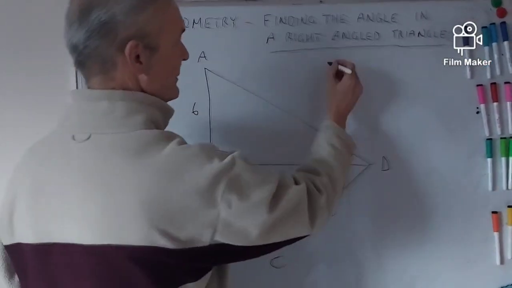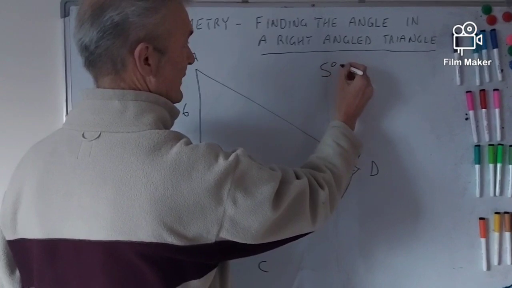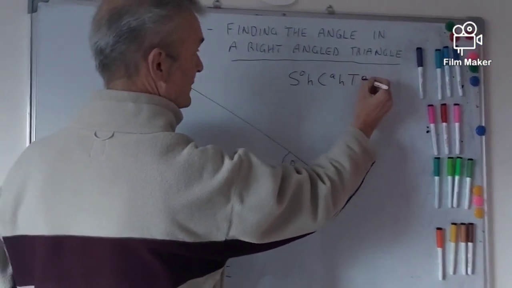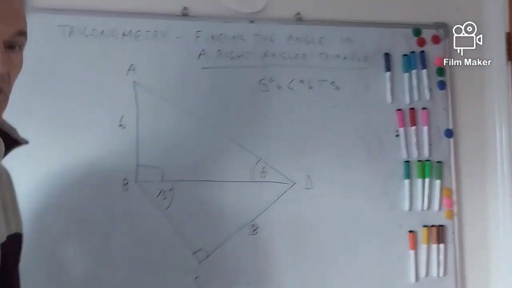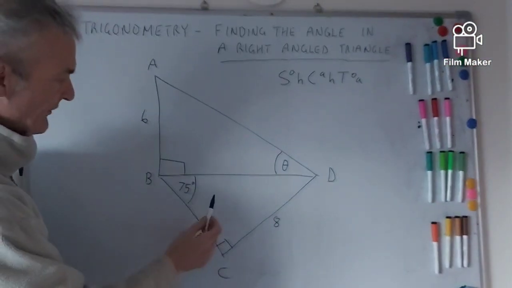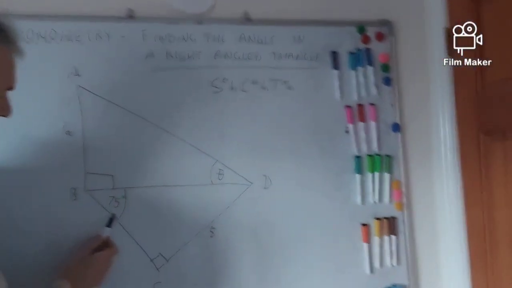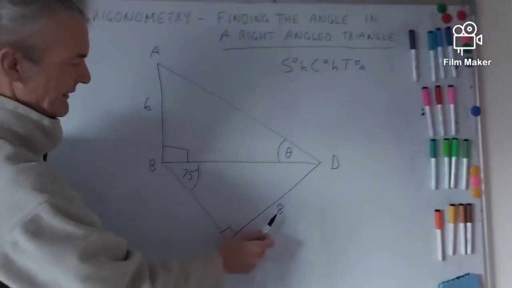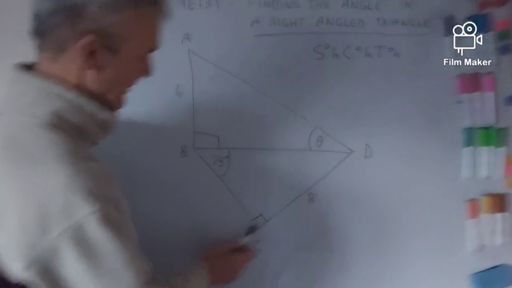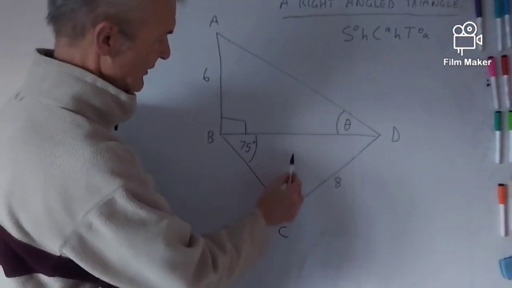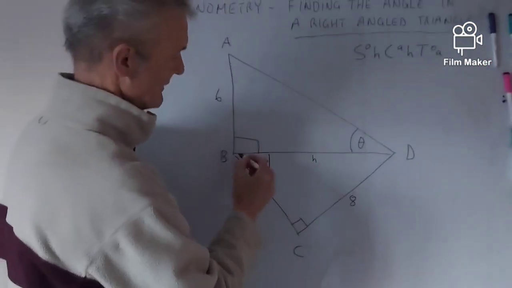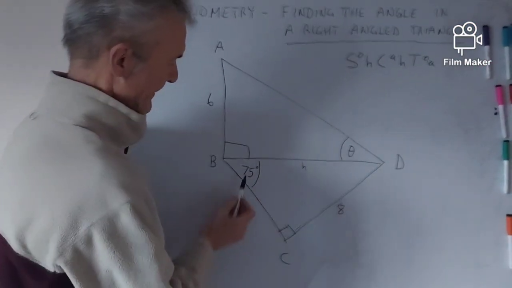So remember, we're using our SOHCAHTOA to work these angles and sides out. So we want to find BD. We've got an angle here and a side here. Well, let's have a look what they are. So here's the right angle. Opposite the right angle is the hypotenuse. So that line there is the hypotenuse.